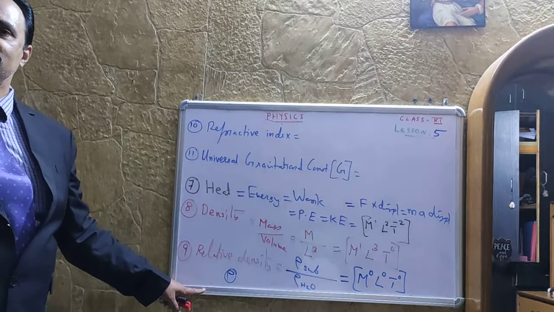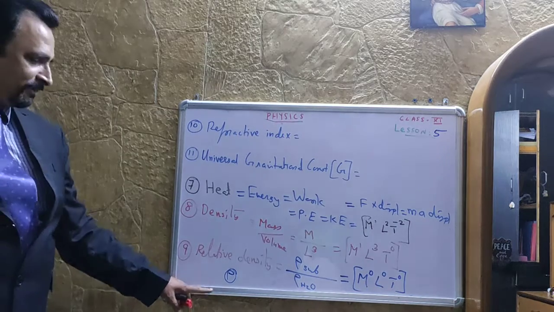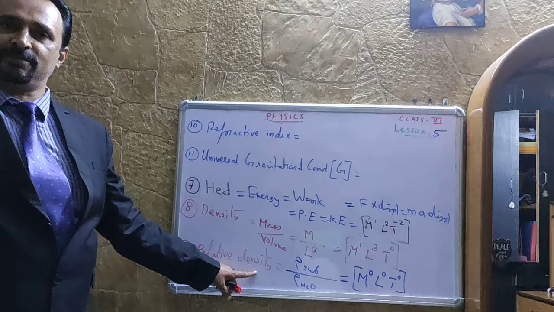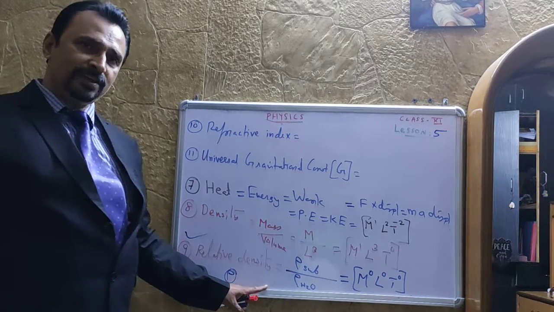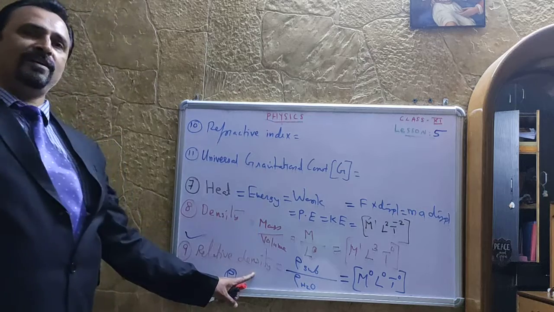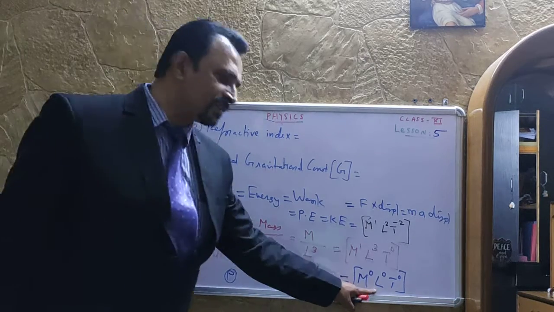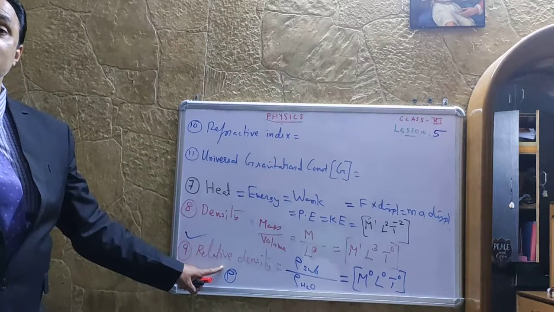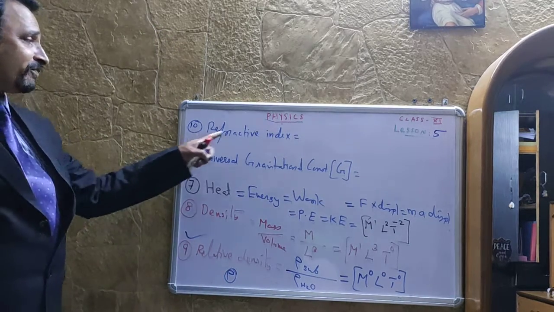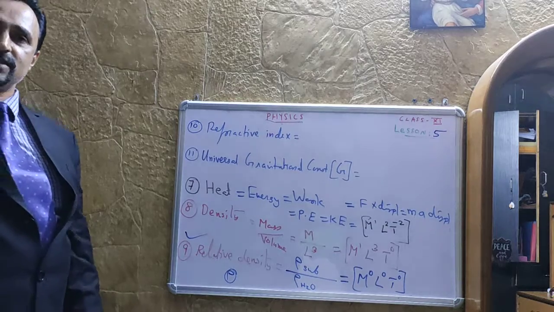Is it variable or constant? It is variable. For different substances, the relative density is different. So this may be asked as another question: give an example of a physical quantity which is a variable and at the same time dimensionless. Dimensionless variable. Example is relative density. Now see refractive index. This is also based on your class 10.